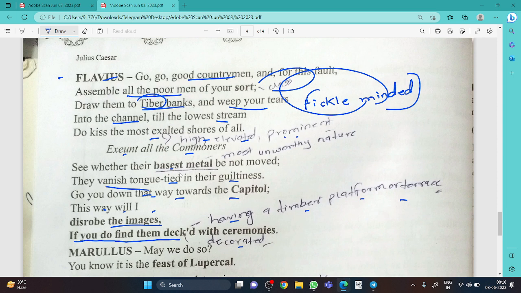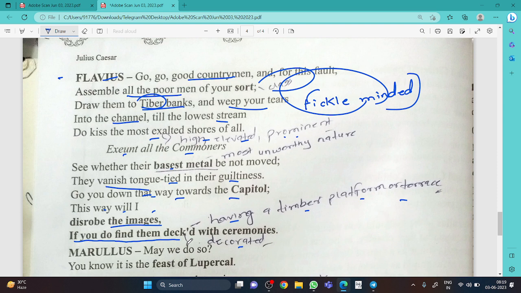And if you find the images decorated with symbols of Julius Caesar's victory, strip them all of honors, means remove all the kinds of decorations. Actually, do you know what happened when Julius Caesar was coming home after defeating Pompey?